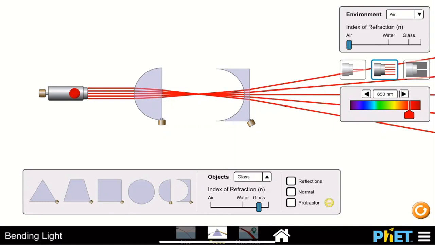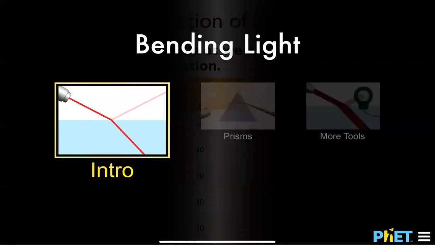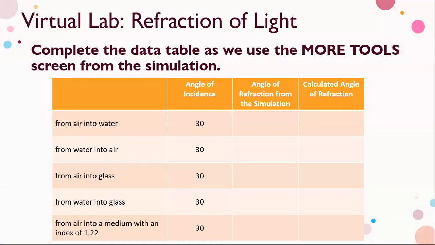Moving on to our next part. So we need to complete the data table as we use the more tools screen from the simulation. So I have here a constant value for the angle of incidence for all scenarios that we are going to do. We have 30 degrees for the angle of incidence. So we're going to do the source of light from air moving into the water.